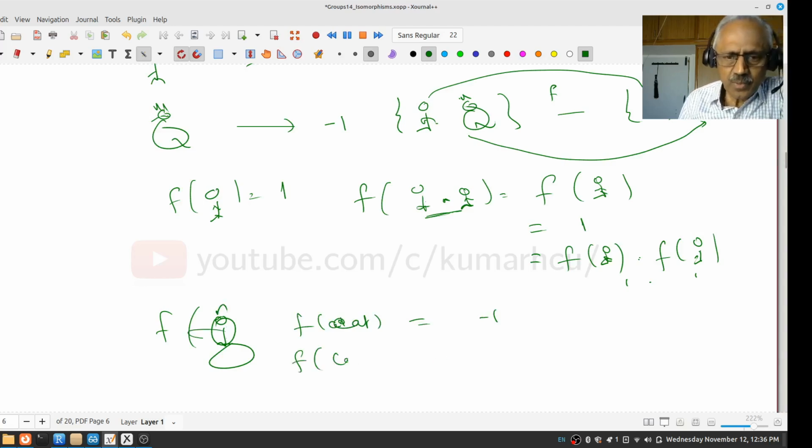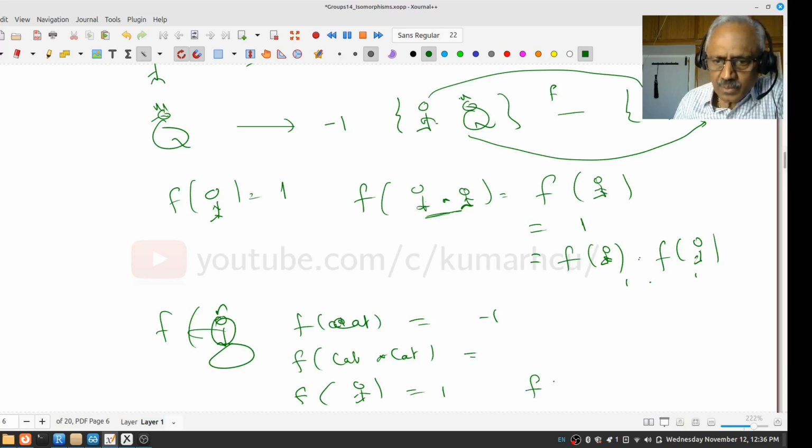Now f of cat star cat, what is that? Cat star cat we saw is the identity, f of man, which is 1. That is equal to f of cat times f of cat, because f of cat is -1, and -1 times -1 is 1.